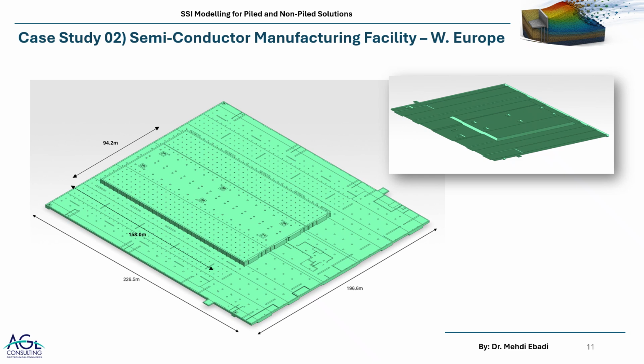If we want to model, as we discussed, we need to first make sure that the elements that we are considering are the elements that are relevant. For example, a metal staircase is not something that would influence this big foundation on the soil.